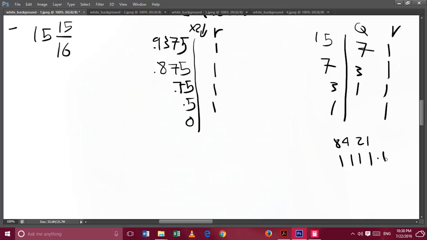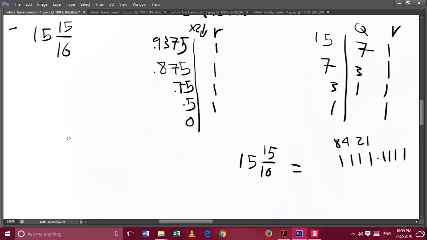So this is 15 and 15 over 16. This here, 15 and 15 over 16, equals this. Now there's an easier way to convert this, and I encourage you to use it, but I just used the traditional way because you never know what number you will get.